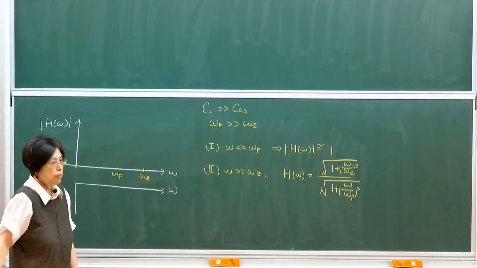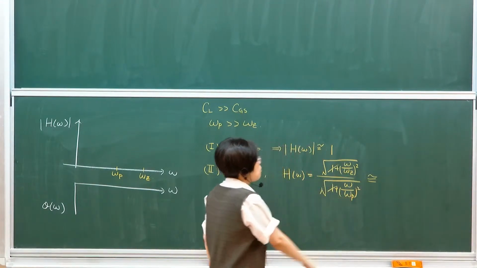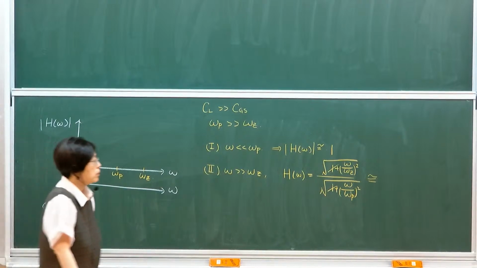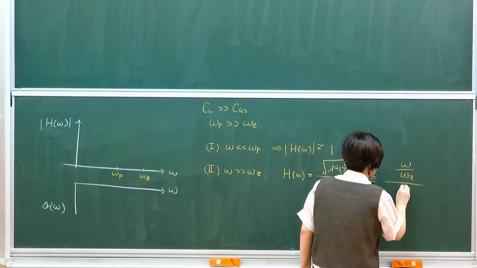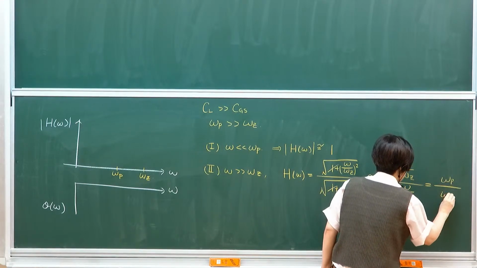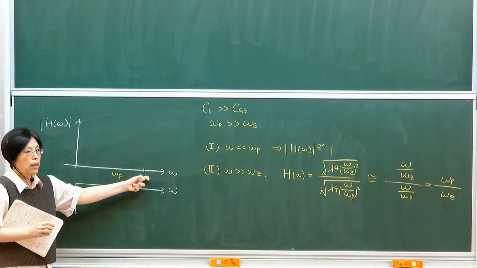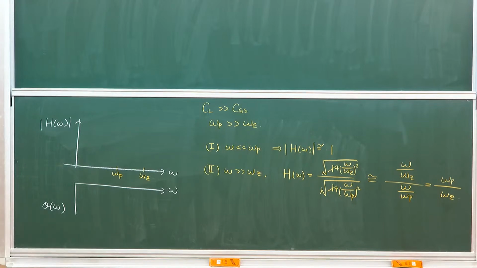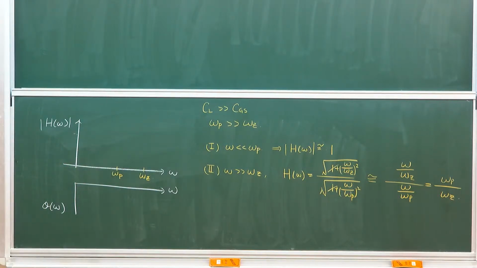What happened is that this will be approximately, you ignore the 1 because frequency is much, much larger than both zeros and poles, so that you get omega, and this comes out of the square root, omega P over omega Z. This exercise is just to tell you the boundaries. You know the turning points, and then you need to know the extremes so that you know how it turns. So you set up the vertical boundaries, lateral boundaries, the turning points, and the extreme levels at very low frequency and very high frequency.